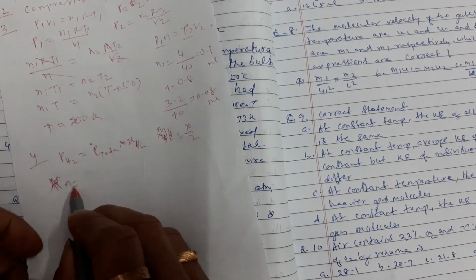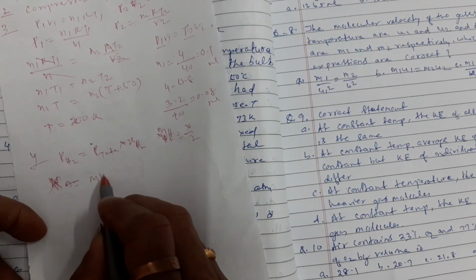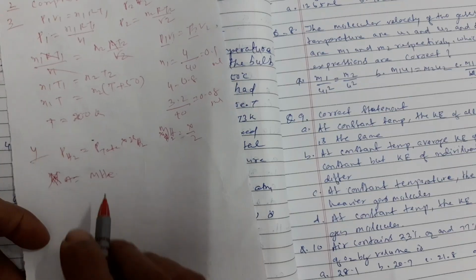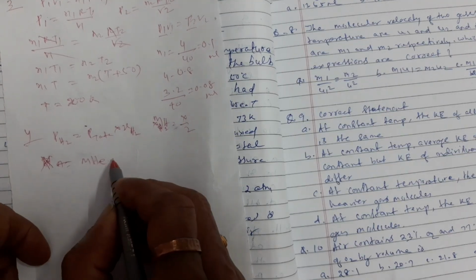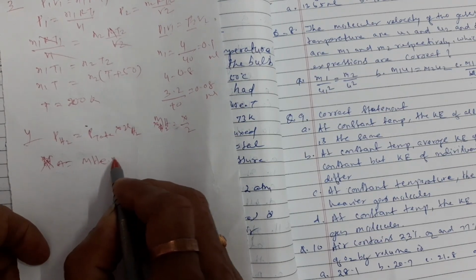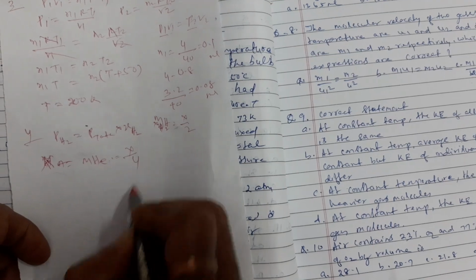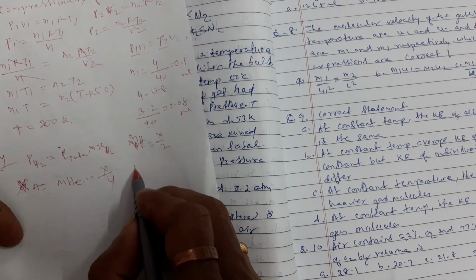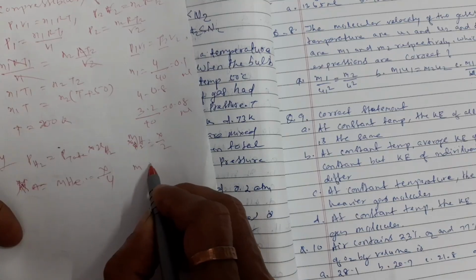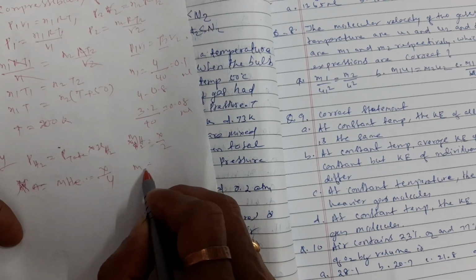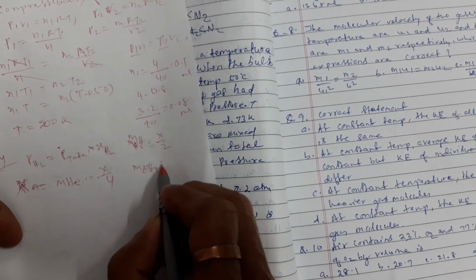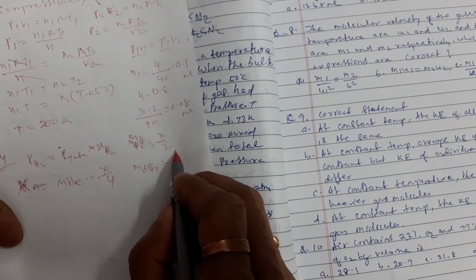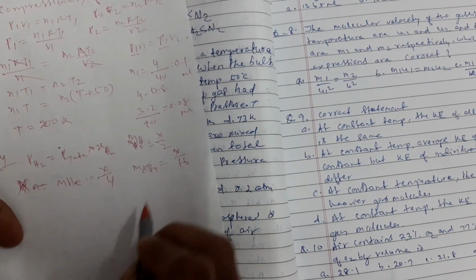The mole of helium you will take as X by 4. Similarly, the mole of methane you will take as X by 16.